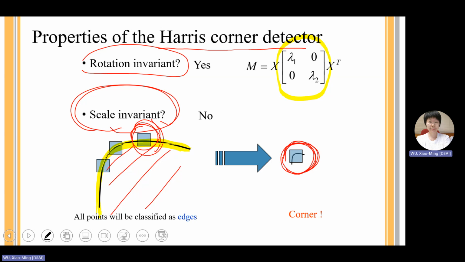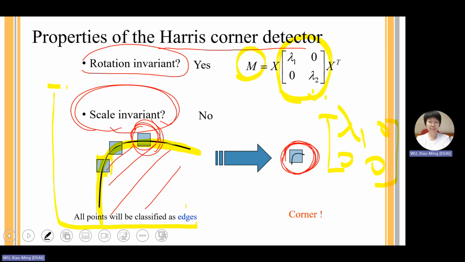If you slide it along the edge of this big corner, we will have the M matrix. The M matrix will be like there's only one lambda that is large, and the rest will be small. Because the changes within the small window are just like you sliding them. It cannot capture the content of the corner.